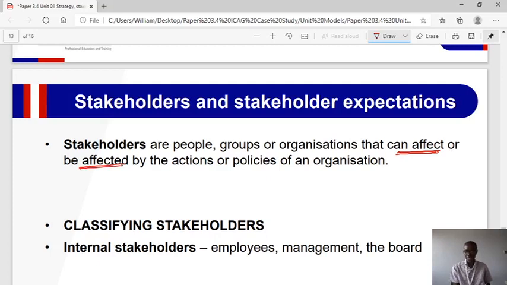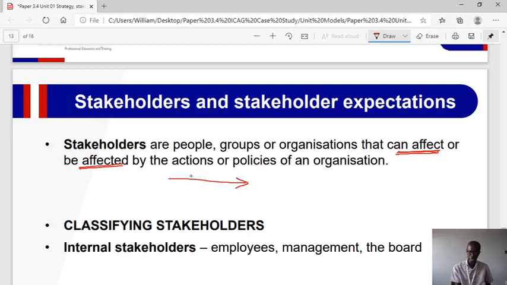So one is that their action can affect an organization, or an organization's activity can affect these people, groups, or organizations. So it's bi-directional.